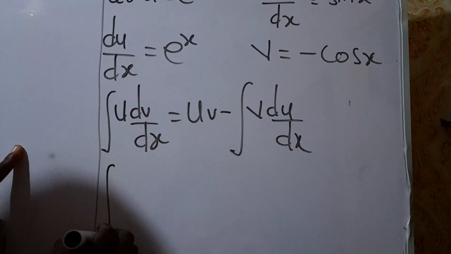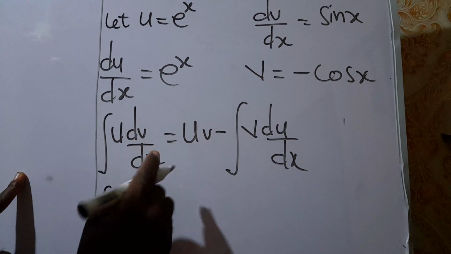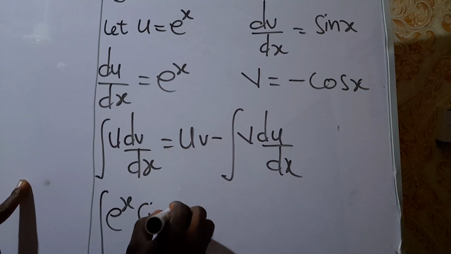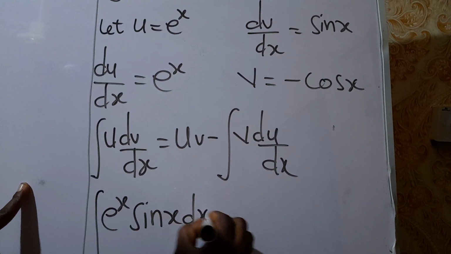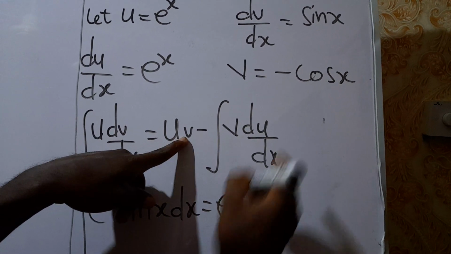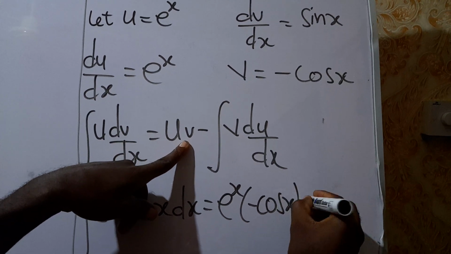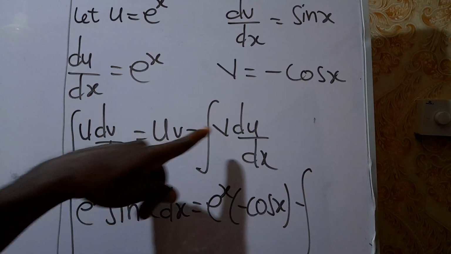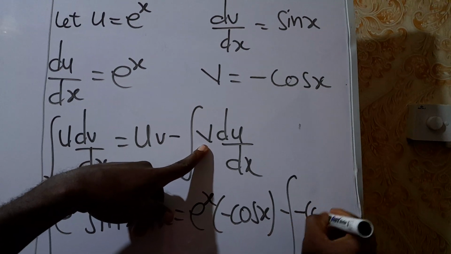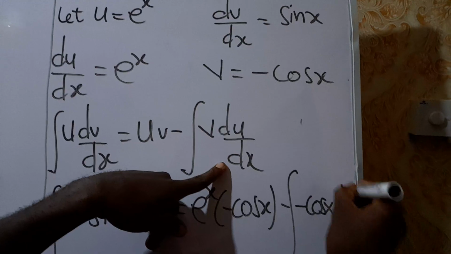So we can say the integral of u, which is e exponent x, and dv over dx, which is sin x dx, will be equal to u, which is e exponent x, and v, which is negative cos x, minus the integral of v, negative cos x, then du over dx, e exponent x.